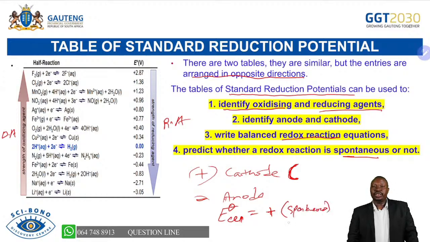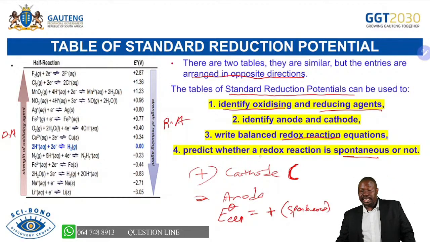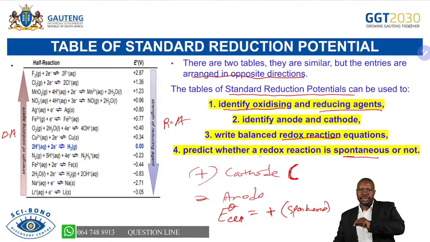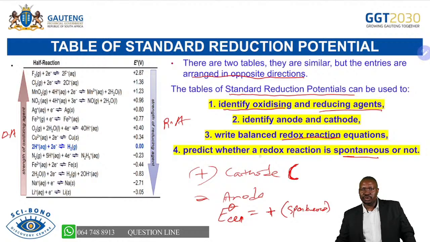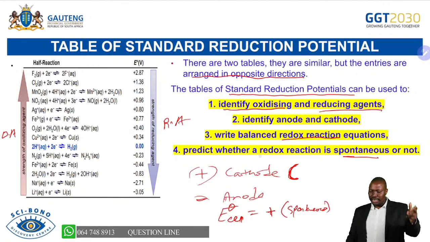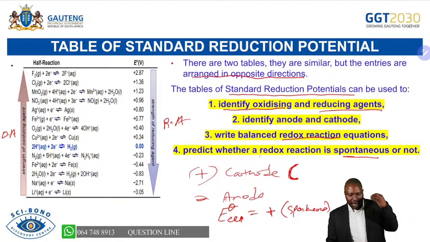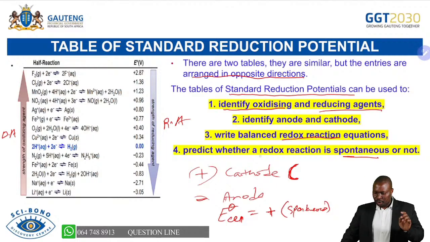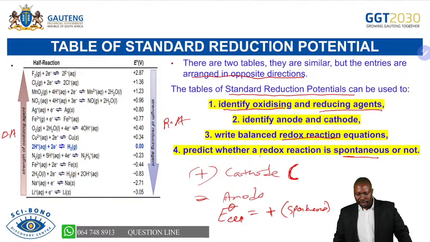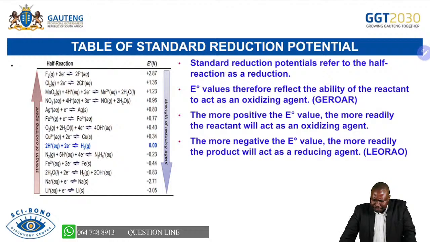So sometimes we say show that this reaction is spontaneous. We are simply saying calculate the EMF of the cell. So those are the 4 things you can use this table for. The table of standard reduction potential is very important, because it helps you to identify oxidizing and reducing agents, to identify anode and cathode, to write balanced redox reactions, as well as to predict whether a redox reaction is spontaneous or not.